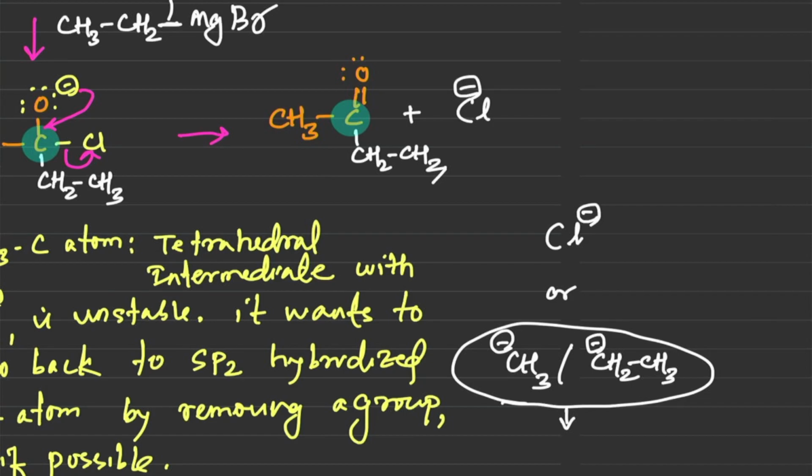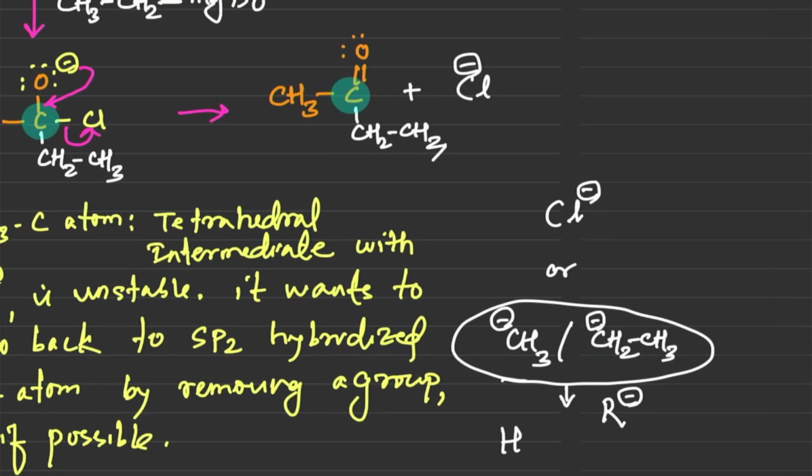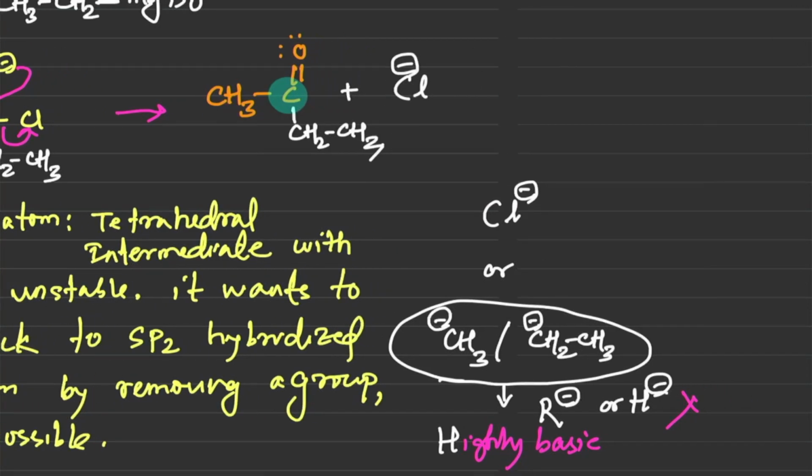So you cannot kick out an R minus group. These are highly basic, R minus or H minus. You can't kick them out because they are highly basic. And how do we figure out why they're highly basic?